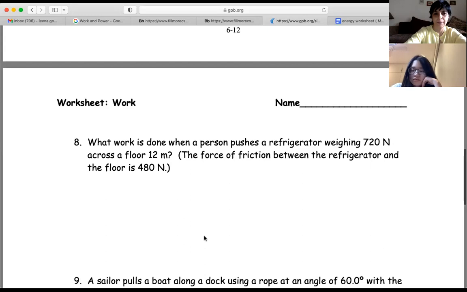Okay, let's see. Try and attempt this one. The eighth one. What work is done?